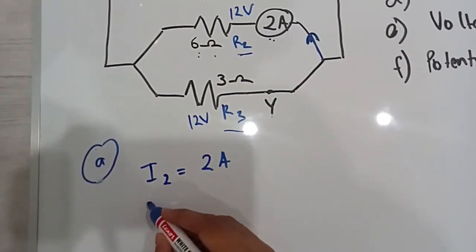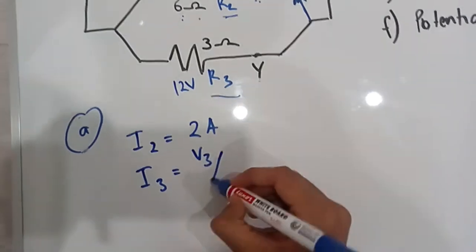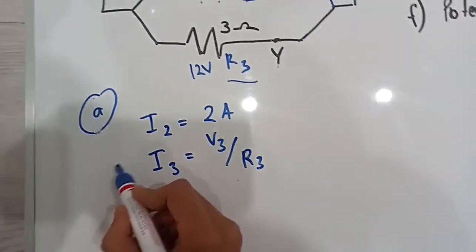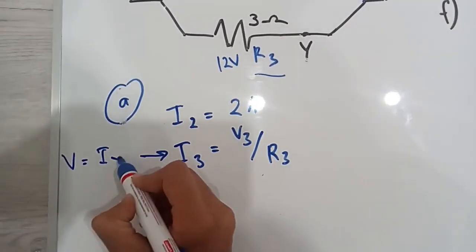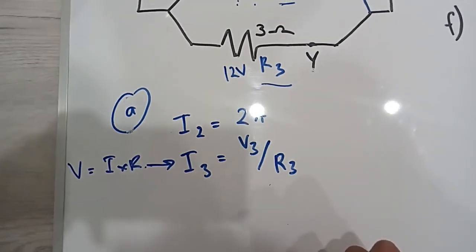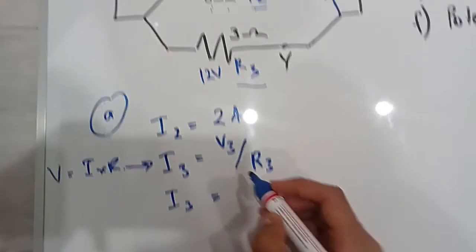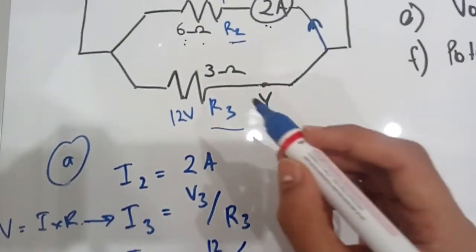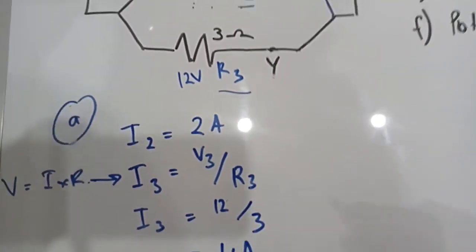Current 3 equals voltage 3 over resistance 3. How do we derive this? We derive this from voltage equals current times resistance. So current 3 should equal 12 volts over 3 ohms, which is 4 amps.